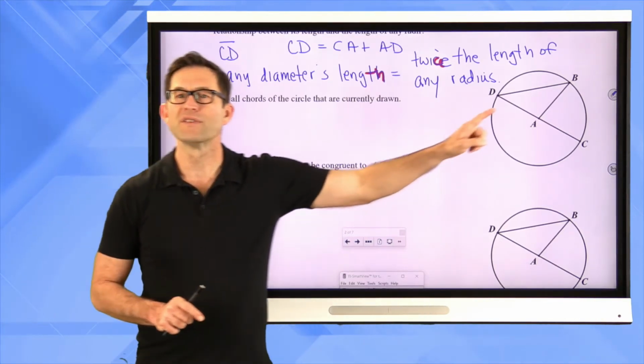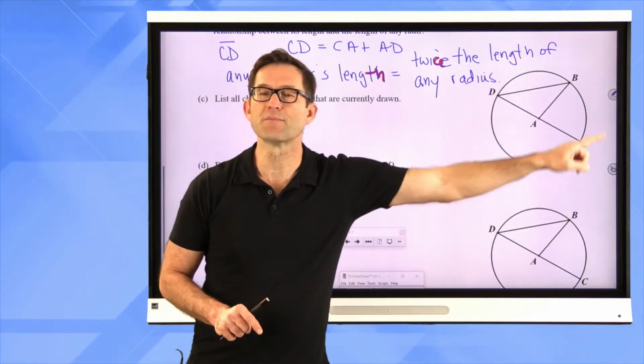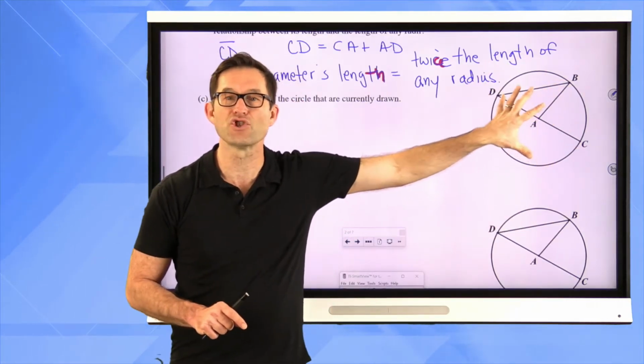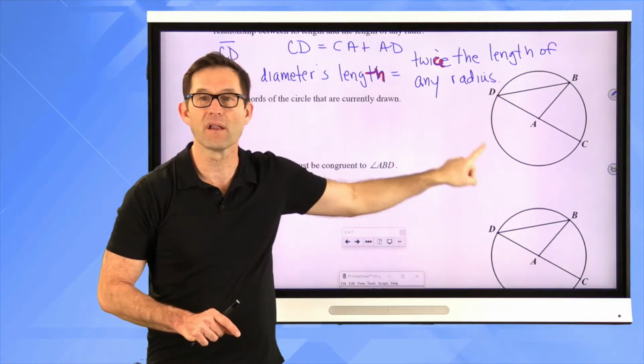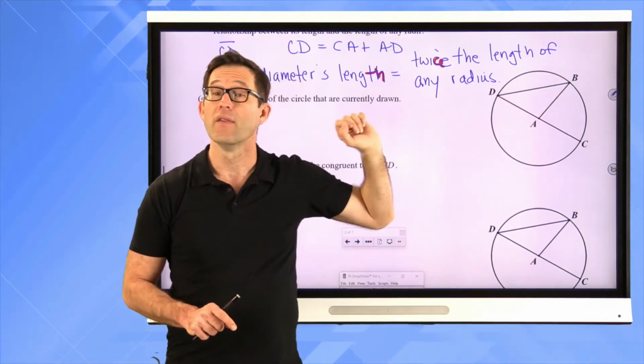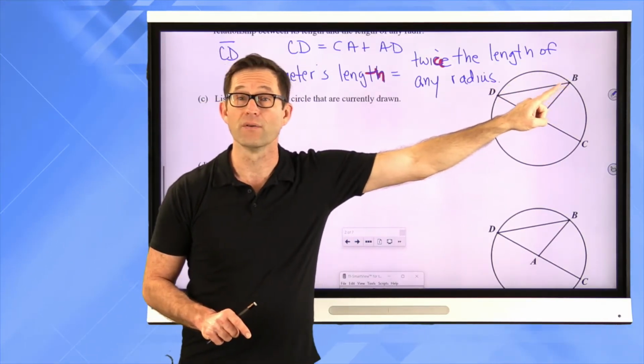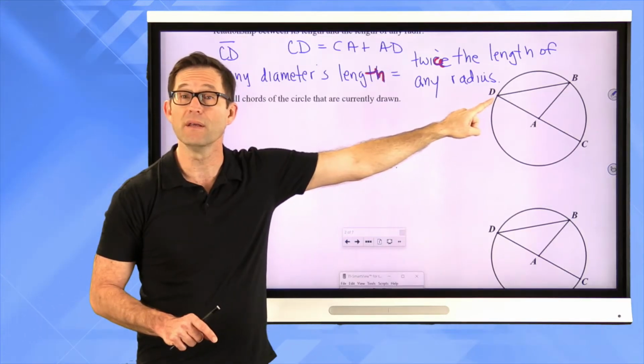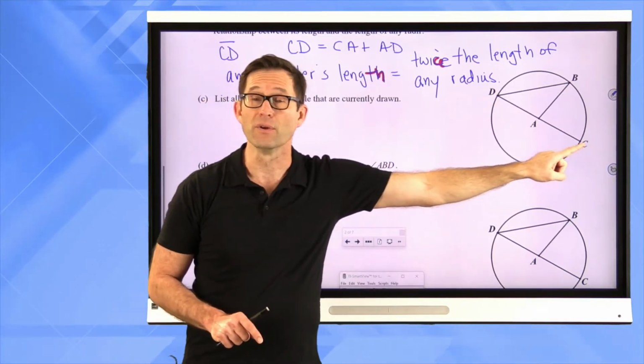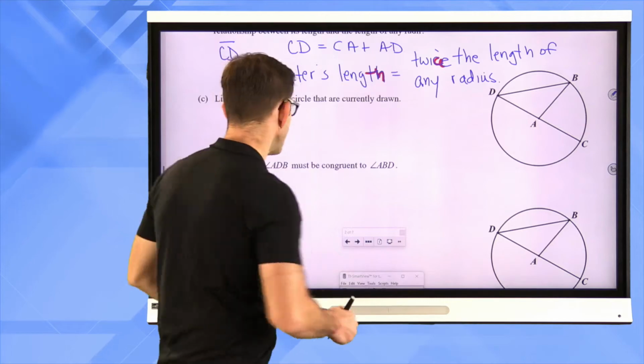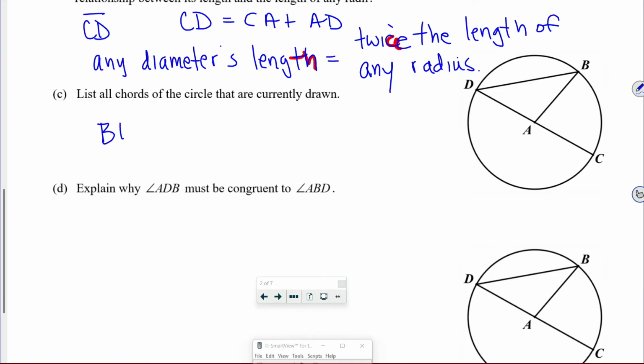And remember, the circle is the collection of these points. It's not the entire shape, right? It's just the collection of these points. Therefore, we've got one chord that goes from B to D, so segment BD is a chord, and that diameter that we just looked at, CD, is also a chord. So BD is a chord, and CD is a chord.